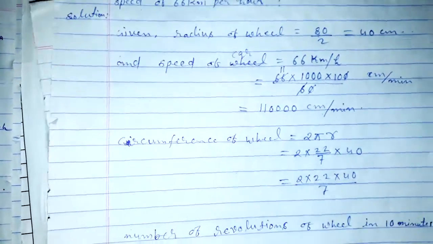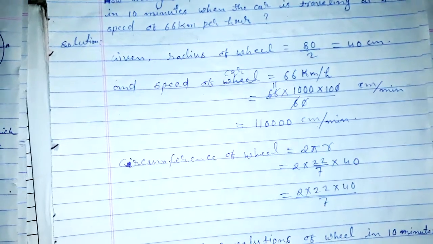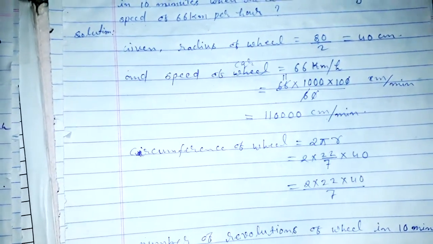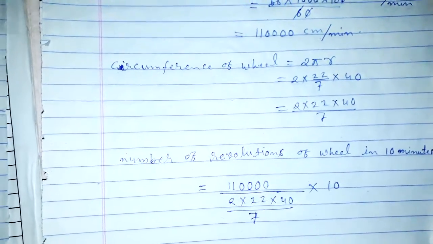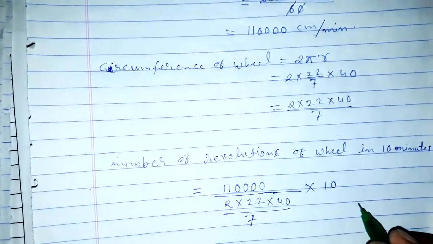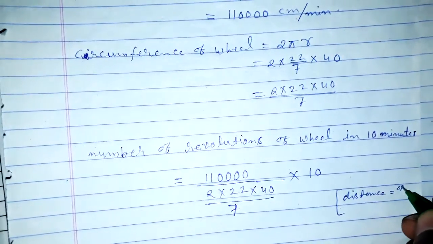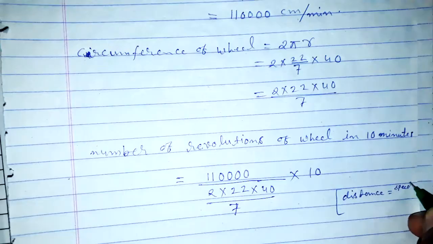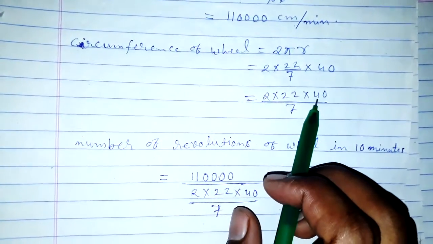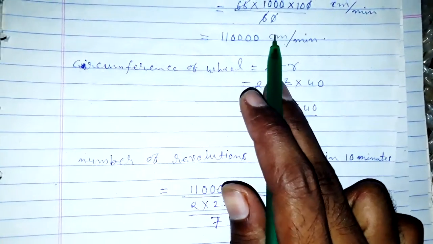distance is equal to speed into time. So speed into time means 10 minutes, and this is the total distance covered by the wheel.